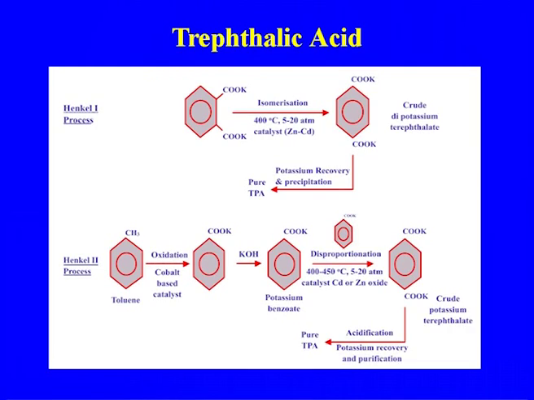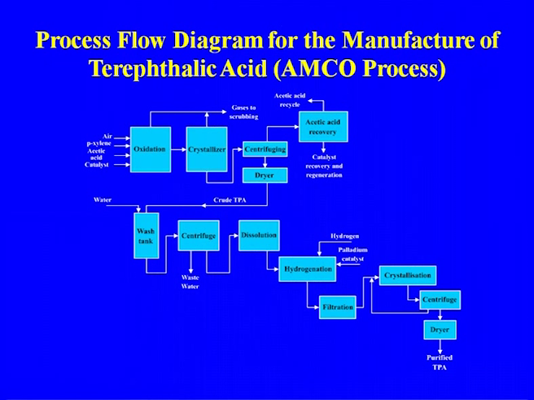These are two other processes that have been developed, the Henkel process or the Henkel 2 process. This is the AMCO process in more detail, as I told you: we have oxidation, crystallizer, centrifuging, then wash tank, centrifuging, hydrogenation for removal of impurities, filtration, again crystallization, centrifuging and drying.